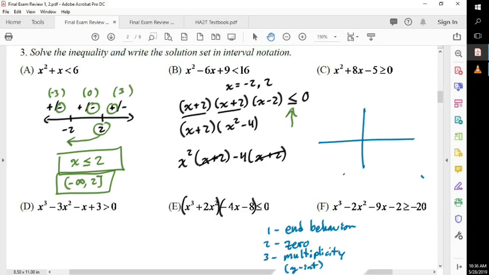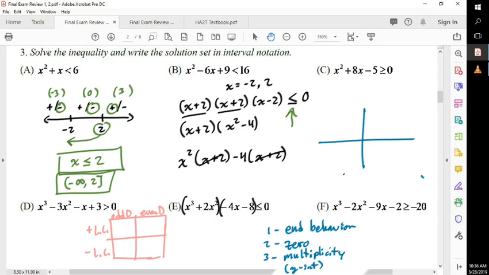Okay, here we go. Now, let's review end behavior. I'm going to draw myself a little table here because I know you guys like tables. I'm going to say odd degree, even degree, positive leading coefficient, and negative leading coefficient. Do you guys remember this stuff?